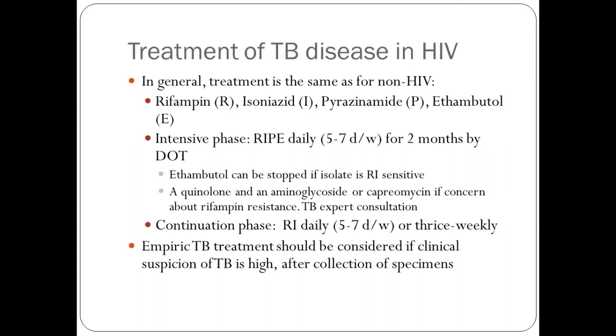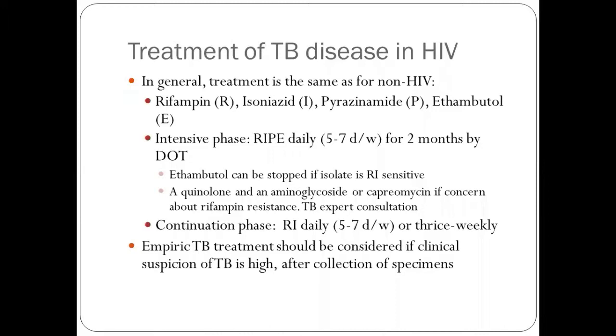And there's usually an intensive phase, and this is 2 months, right? The first 2 months where you use the 4 drugs. And this is the known RIPE regimen, on a daily basis, and it's given by directly observed therapy (DOT), as well as in the continuation phase, right? So you work in close contact with your local health department, because they are the ones who will do the DOT.